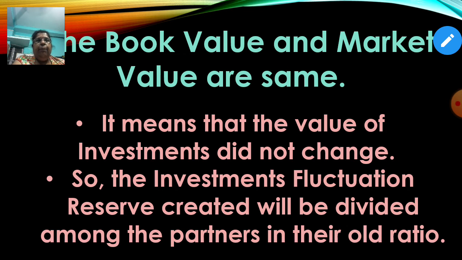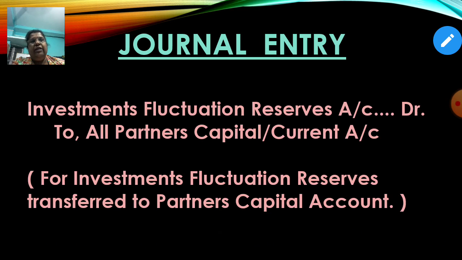If the book value, means the value at which the investment is recorded in the balance sheet, and the market value are same, means if the book value is 2 lakh and the market value is also 2 lakh, this means there is no change in the value of investment, and hence the investment fluctuation reserve that we have created will totally be distributed among the old partners in their old ratio.